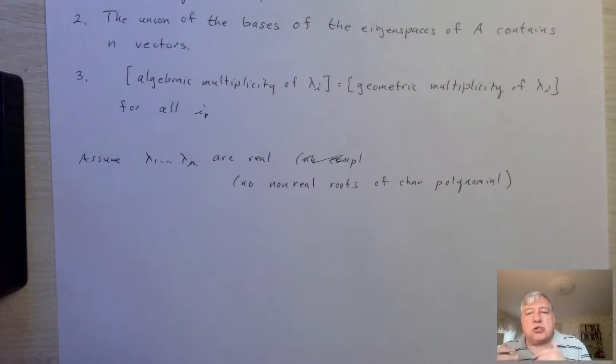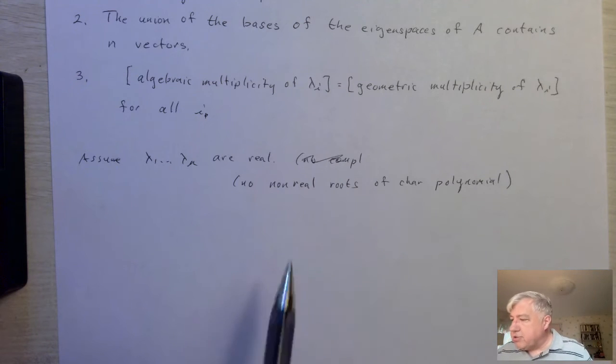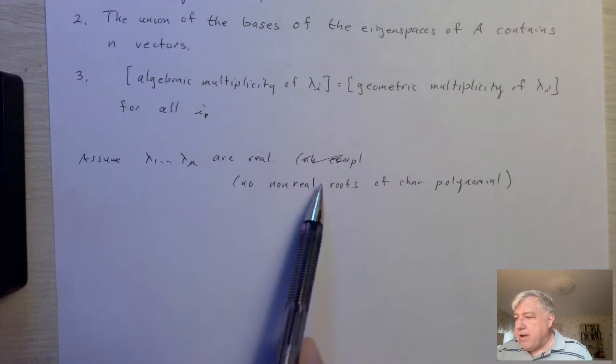We can broaden things and allow complex eigenvalues and eigenvectors, but then we have to bring in matrices with complex entries. It's not hard to generalize the work we've already done to complex matrices, but we're just going to stay away from them. We're not really going to see many.